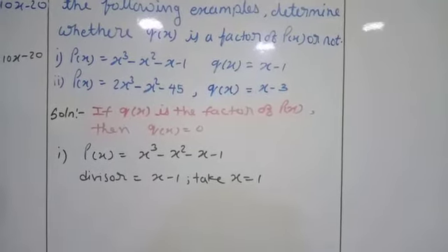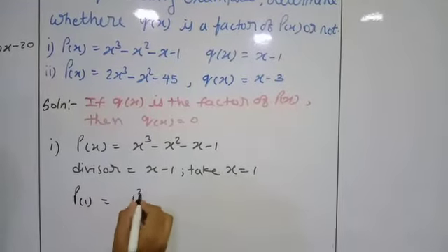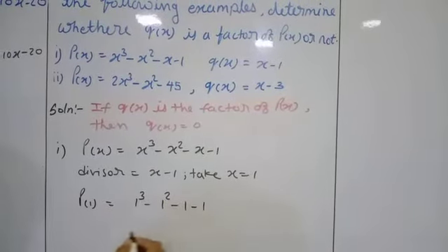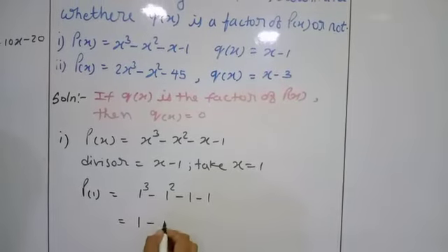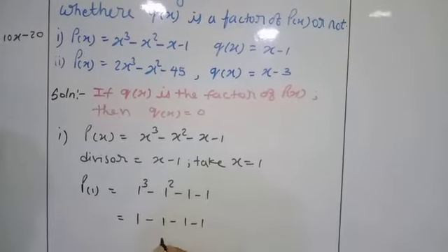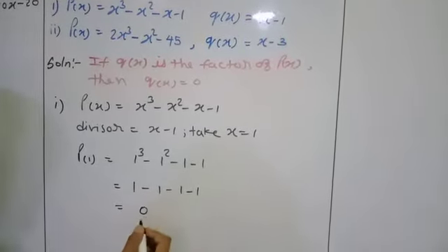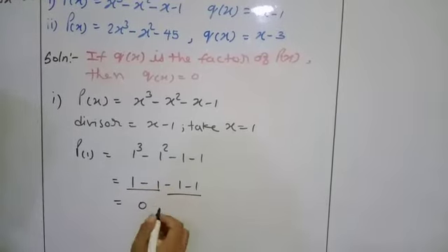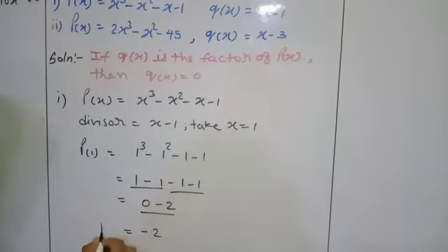So let's check it. p(1) is equal to cube of 1 minus square of 1 minus 1 minus 1, that is 1 minus 1 minus 1 minus 1. So 1 minus 1 is 0, and we have minus 2 remaining. Now 0 minus 2 will become minus 2.